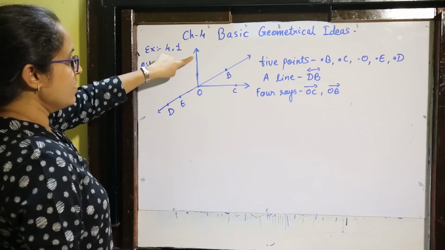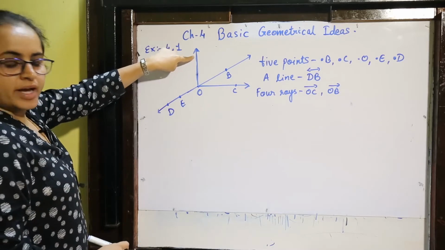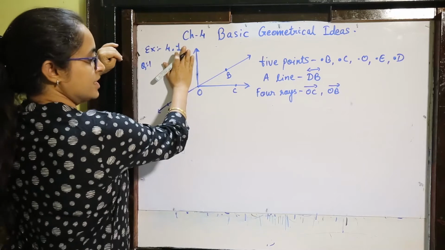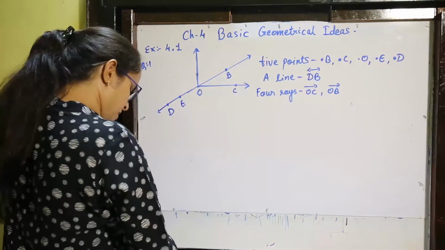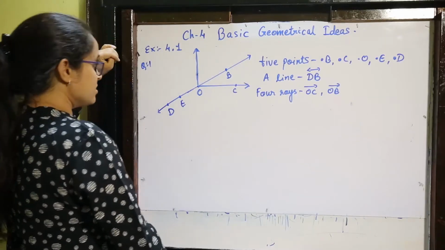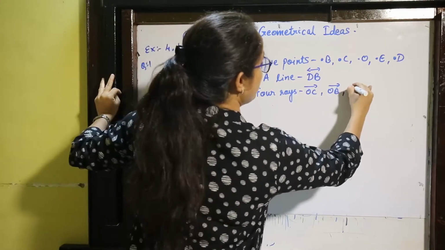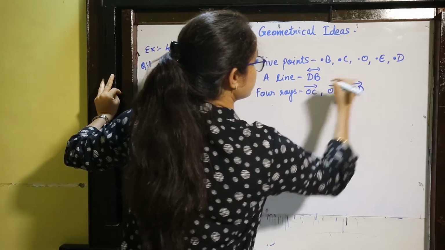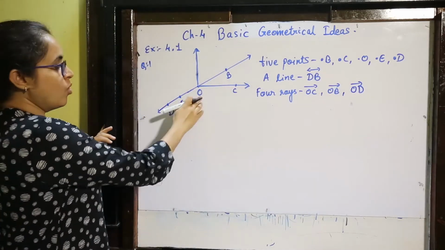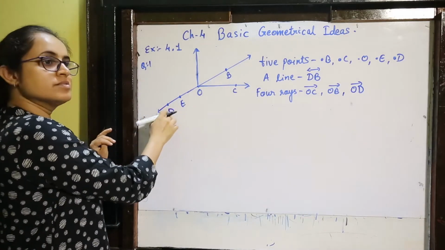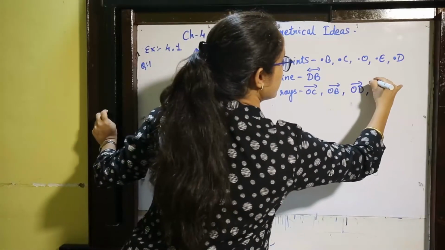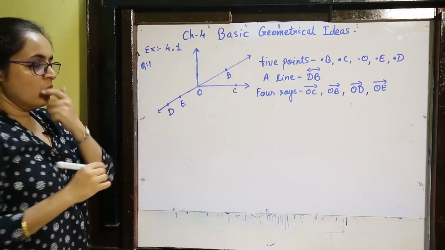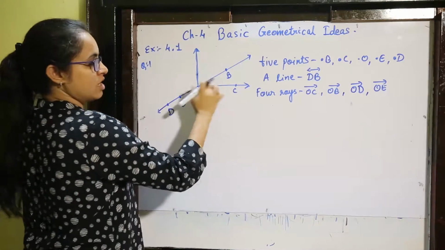So we do not have another point, so we will not mention that ray. Next ray is OD. And OE also is the fourth ray. So, there are 4 rays, OC, OB.